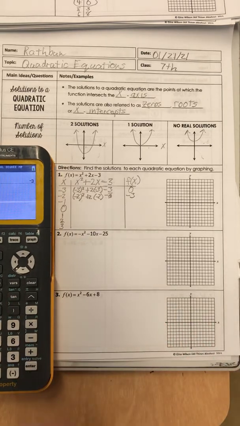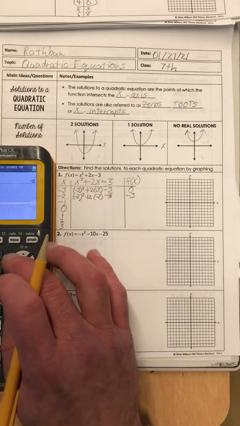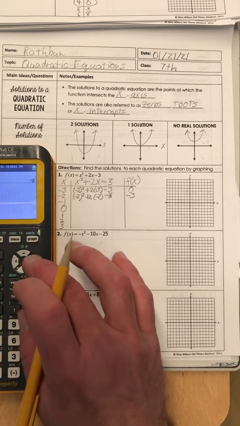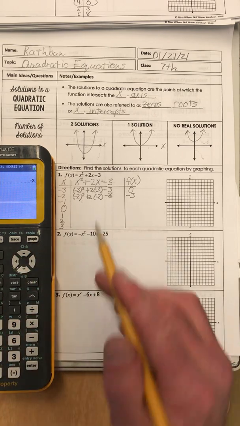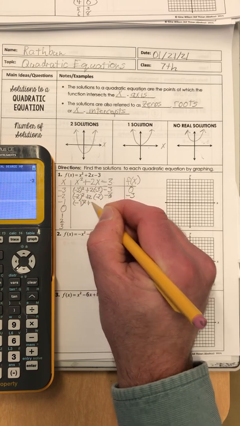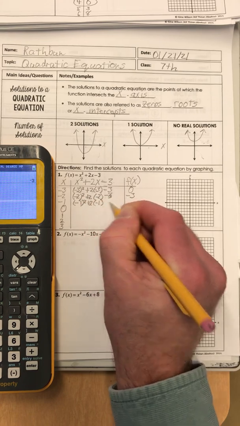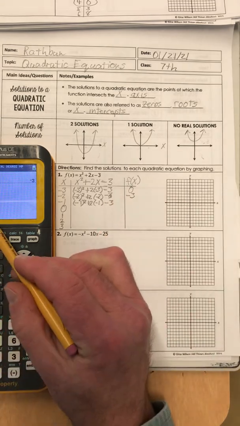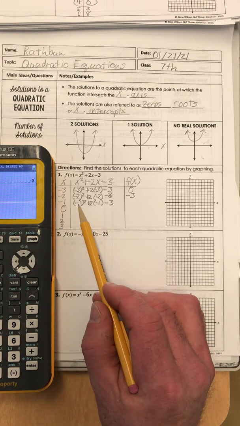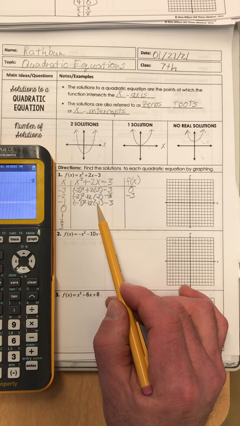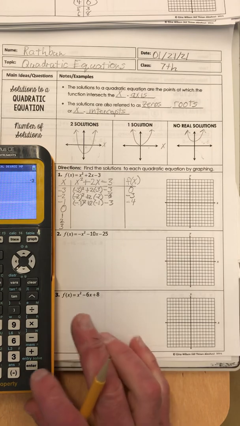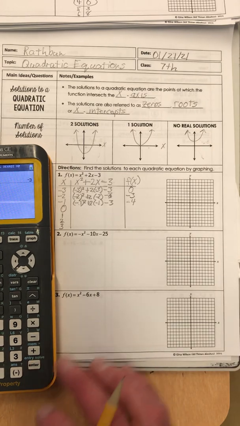Okay? Second entry. Now, here's the thing. I can hit that second entry button and pull up that value and then just change the values. So I've got -1 squared plus 2 times -1 minus 3. That'd be 1 minus 2, which would be -1, minus 3 is -4. Okay, second entry.